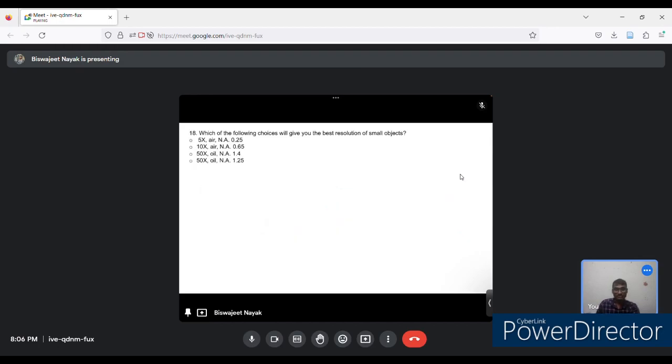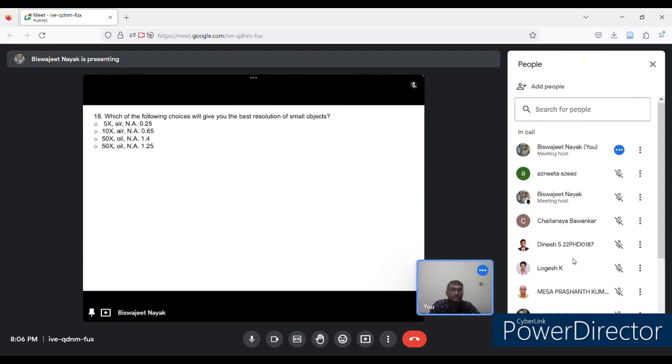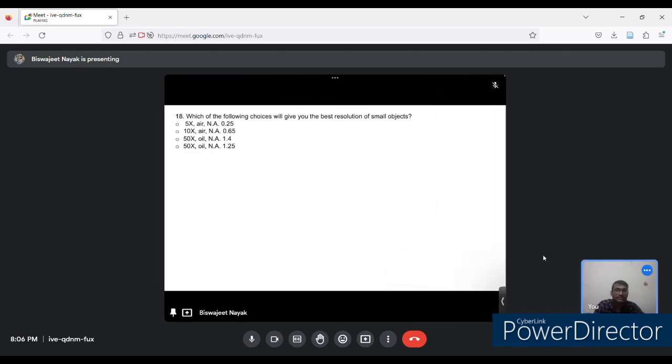Which of the choices will give you the best resolution of small objects? Anyone want to try this one? I can give you a hint with the help of which you can guess. Here magnification is given, so for best resolution we need good magnification. And apart from that, what else is given? A numerical aperture.